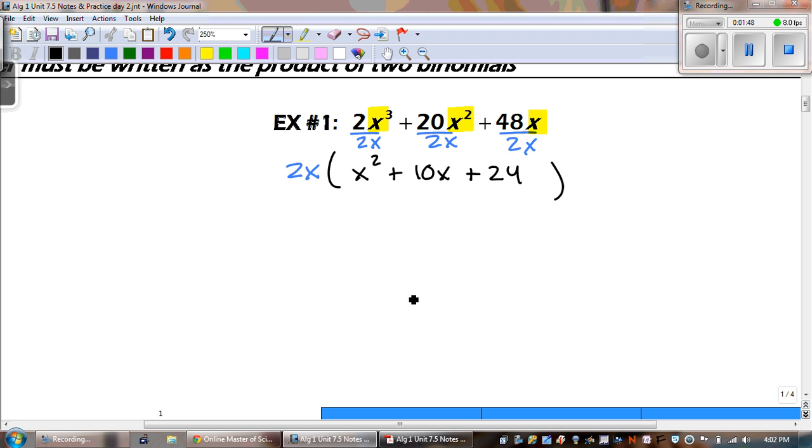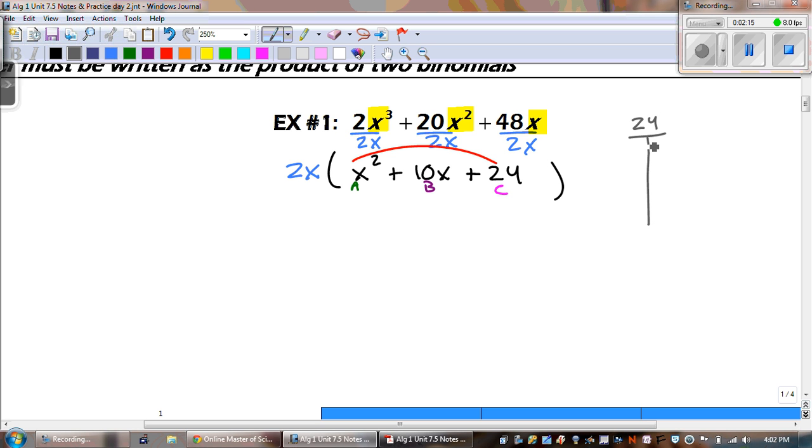Okay? So now that we've done that, what's left over is what we were doing yesterday. So now we're just going to do the same thing. Remember that we have our terms a, b, and c. So we want to multiply a times c, which is 24.